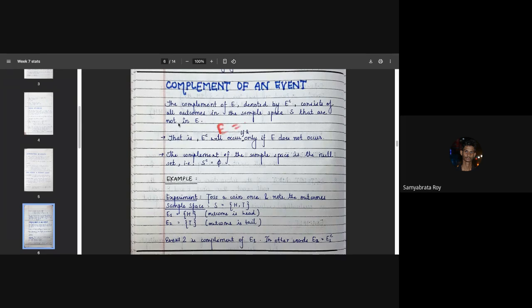Me passing the exam is event E. Now, if I take the complement, which can be denoted like this, these are different notations, you can use any one of them, this will be the event where I am failing the exam.